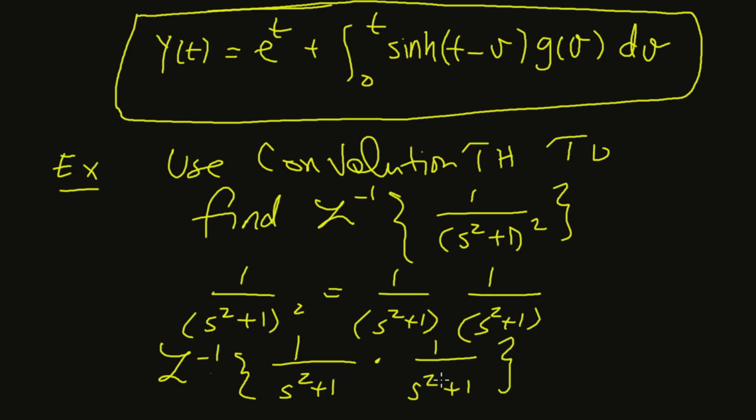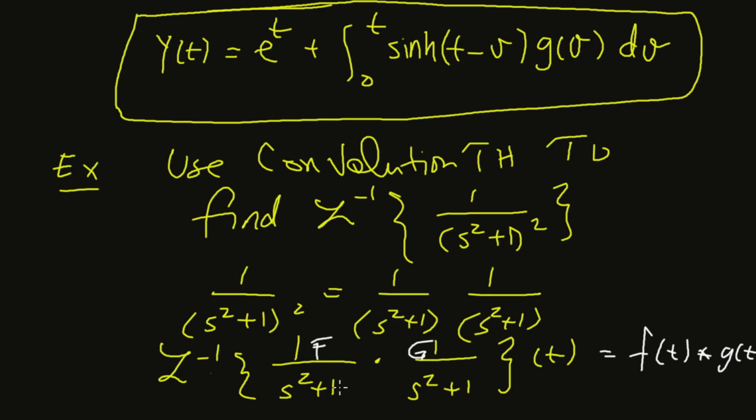So when you do the inverse Laplace transform, again you have here f and g, right? So you expect some answer to be a convolution of these two functions, right?